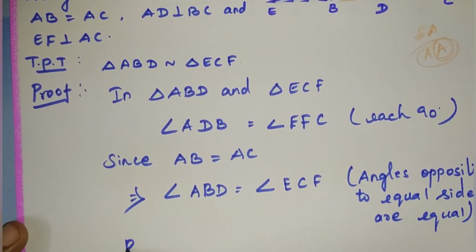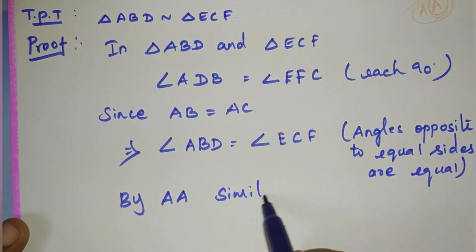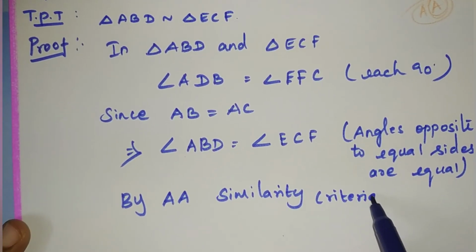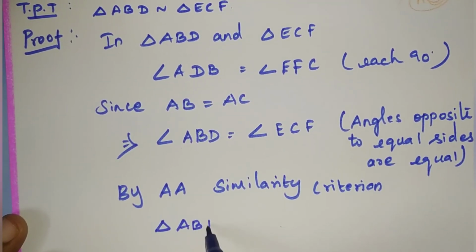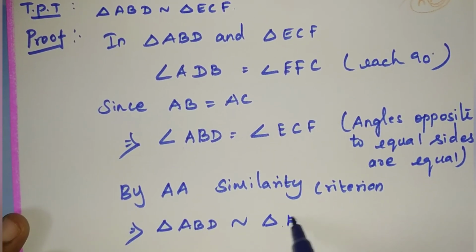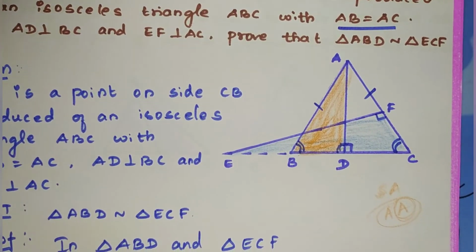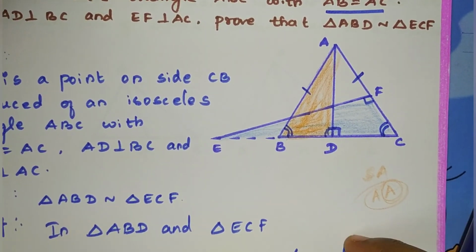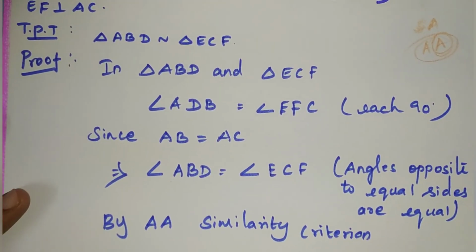So, by similarity criterion, triangle ABD is similar to the triangle ECF. So from the question we have to identify which two triangles we have to take, and by which similarity criterion we are going to prove this theorem. That is very, very important. Clear all of you? Thank you.